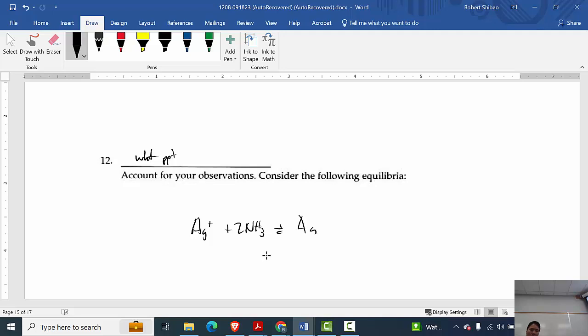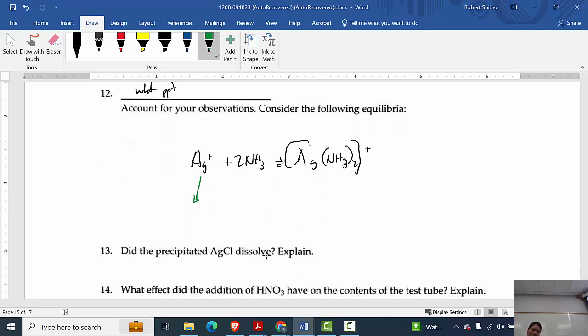This is going to yield the diamine silver 1 ion. Now what happens when we add chloride? When we add chloride, it's going to remove silver, so we're going to remove silver by precipitating it out as the chloride.